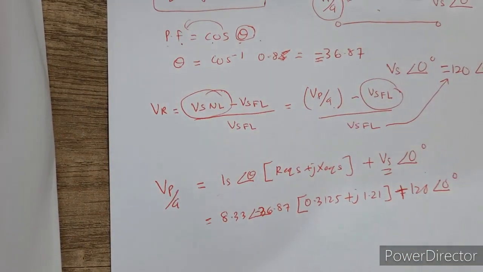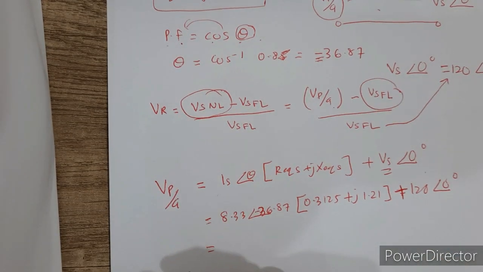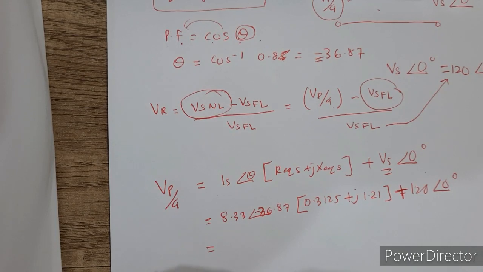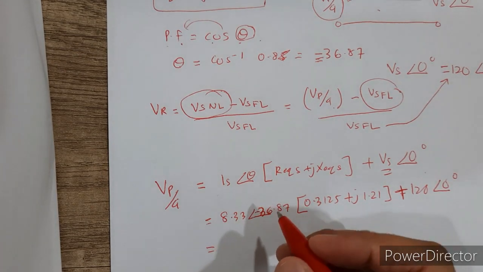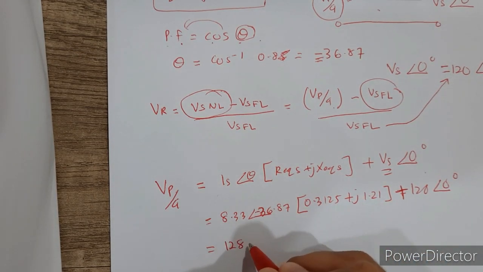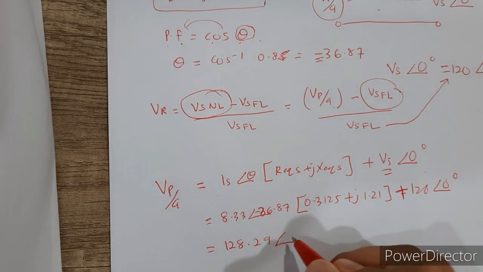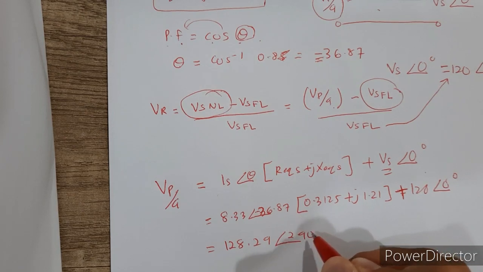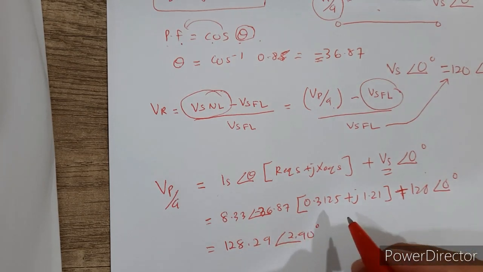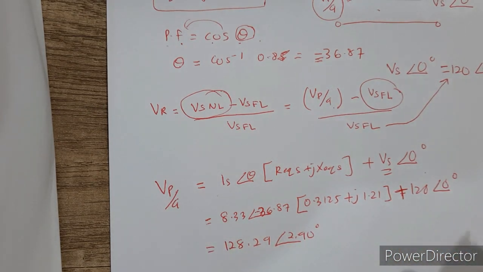By using a calculator you can calculate VP over A. The answer for VP over A is 128.29 angle of 2.9 degree.